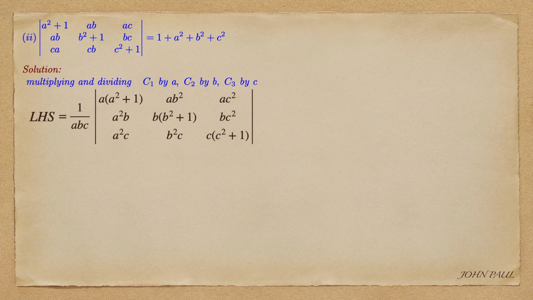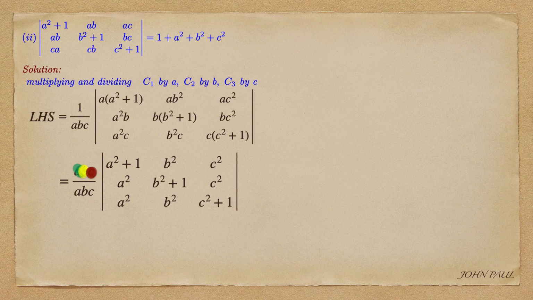The first row contains a, so we can take a common outside. The second row contains b and the third c. We will take this abc outside the determinant. Now we can cancel abc and abc.